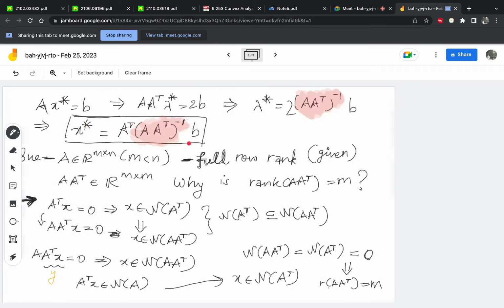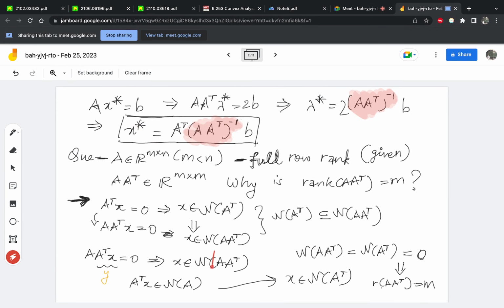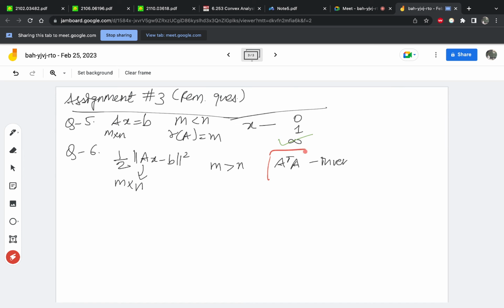Just like we showed here for a full row rank, you have A A transpose as invertible. Similarly, you here have A transpose A as invertible. It's exactly the same proof, it's just a transpose. Okay, that's what we are given: full column rank.